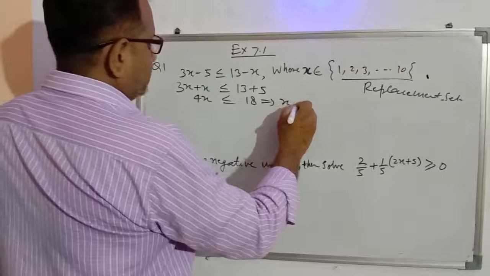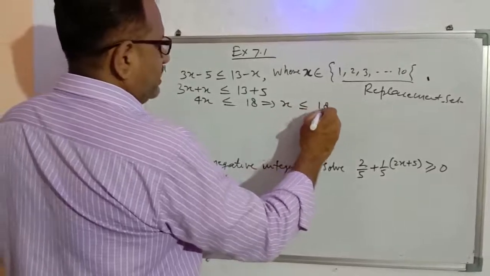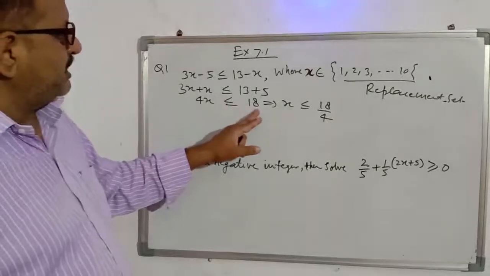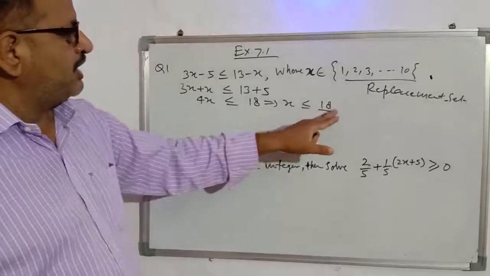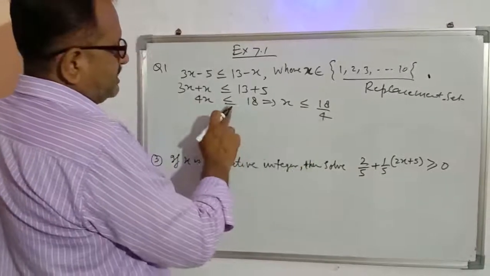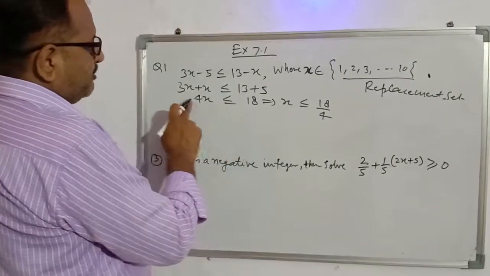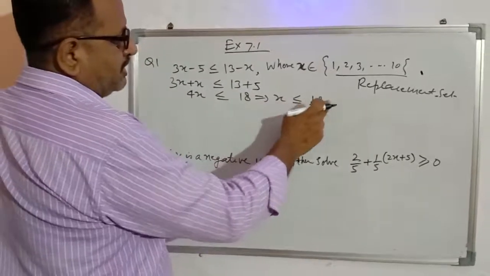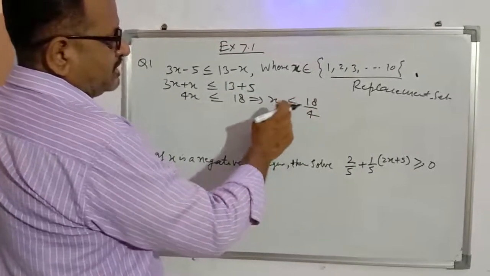So what will be x? 4x less than or equal to 18 implies x less than or equal to 18 by 4. We are dividing by plus 4, so we will not change the sign of inequality. If minus 4x were there, then we would write x less than or equal to 18 upon minus 4, and then we would change the sign of inequality.